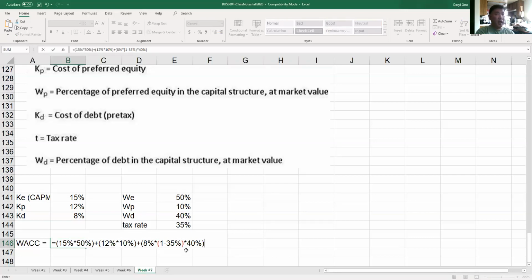And of course, I'll save this spreadsheet so you can always go back into this spreadsheet and determine how we got those numbers.